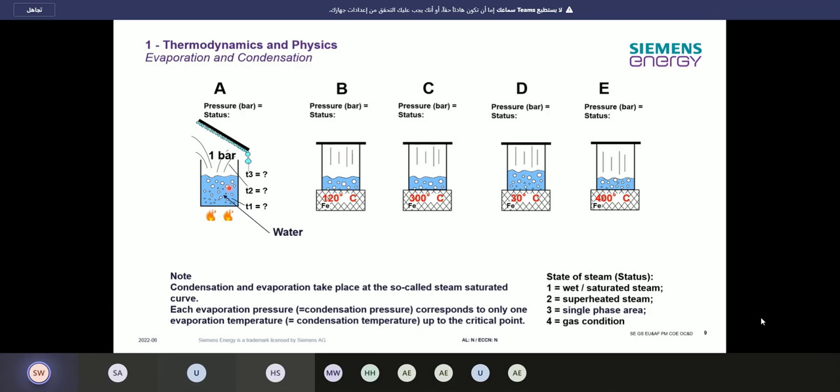So the temperature over here, we see we are at 1 bar. So the temperature for boiling water would be 100 degrees. So this one would be 100 degrees Celsius. So that's our boiling water. So we are on the saturating curve, and then the water and steam mixture, the so-called wet steam area.